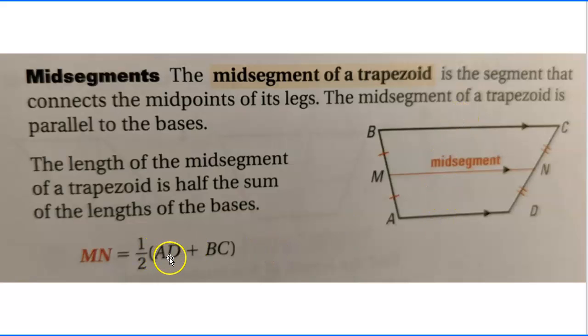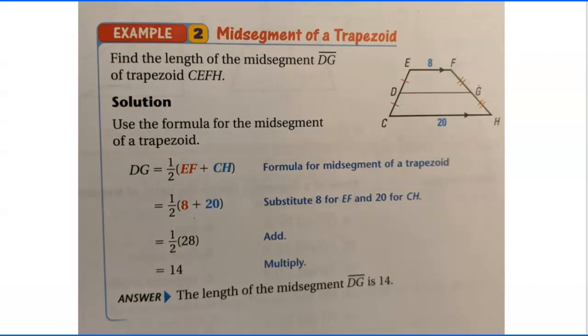That's 18. 1/2 of 18 would be 9. And that means that MN would equal 9. So they've even thrown in a new little tool in our toolbox to help us figure out just a little bit more about trapezoids.